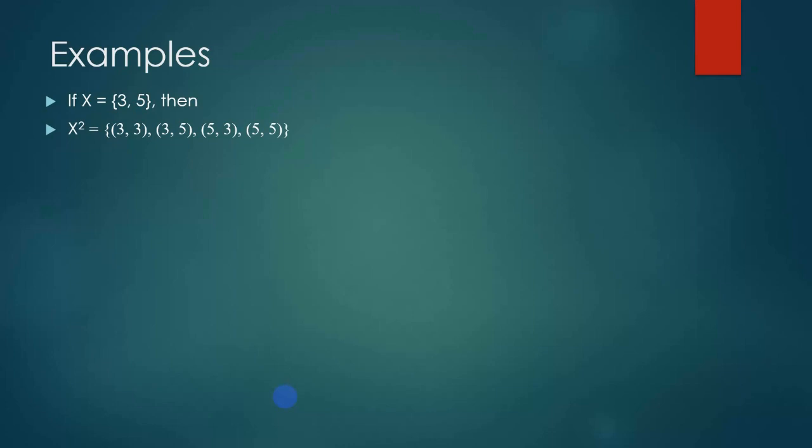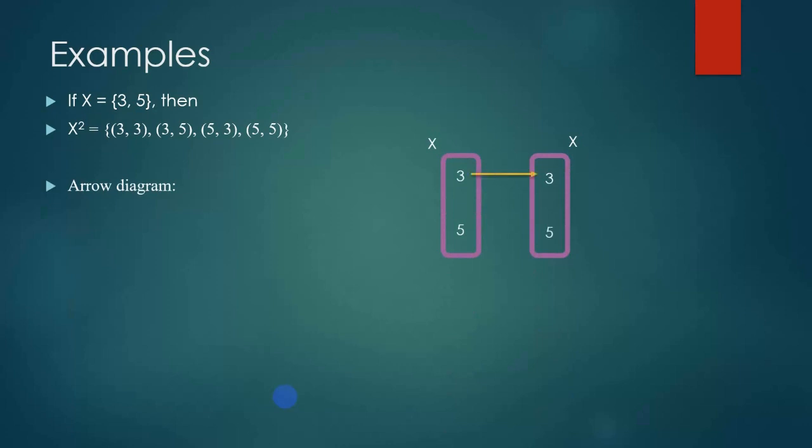What about the second form, which is arrow diagram? The set x, its elements, the set x, its elements. Each ordered pair is to be represented with an arrow oriented from the first projection to the second projection.